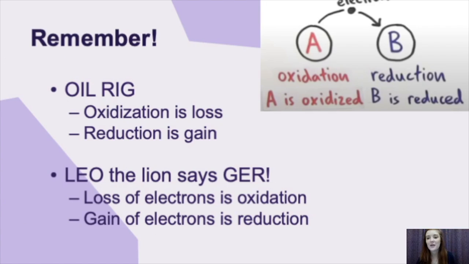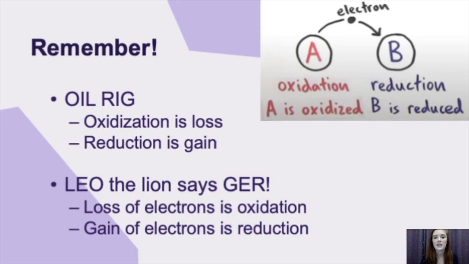All right, so an easy way to remember this is either using the mnemonic device OIL RIG or Leo the Lion says GER. Let's do OIL RIG. With OIL RIG, Oxidation Is Loss of electrons. RIG, Reduction Is Gain. With Leo the Lion says GER, Loss of Electrons is Oxidation, and GER is Gain of Electrons is Reduction.